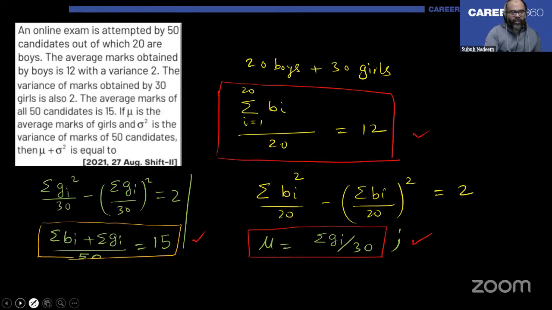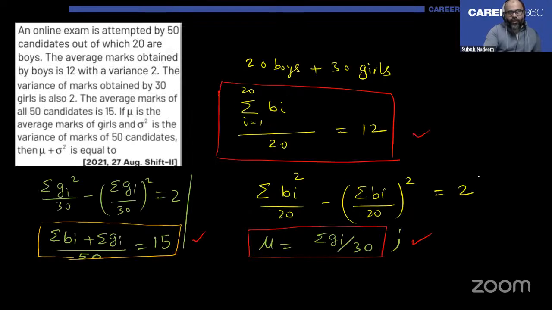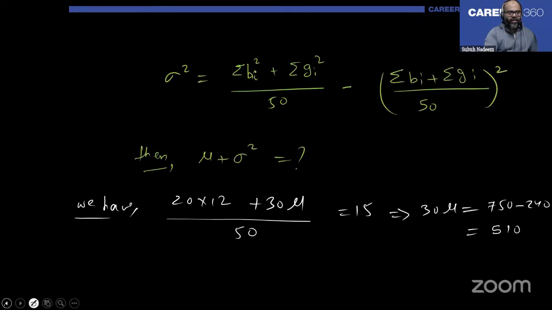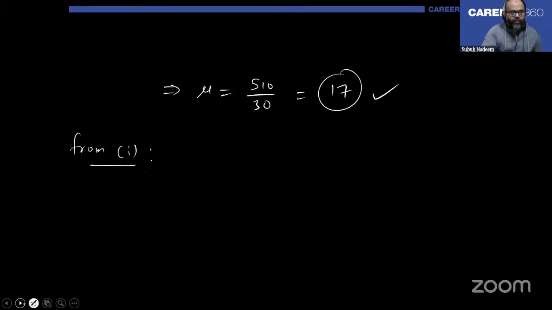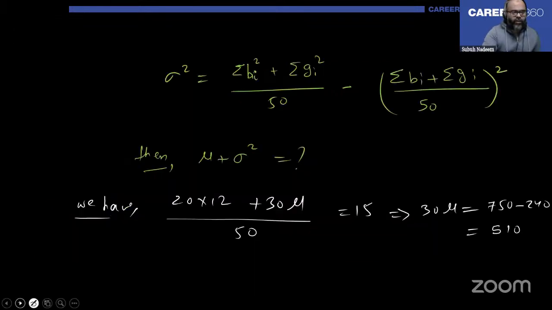Now we come to sigma square. Before that, let us see this one. This is the first condition and this is the second. From 1, we can say that sigma of Bi square by 20 minus the mean of the boys, which is given as 12, squared, is equal to 2.